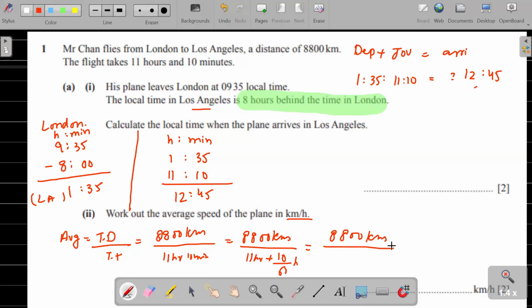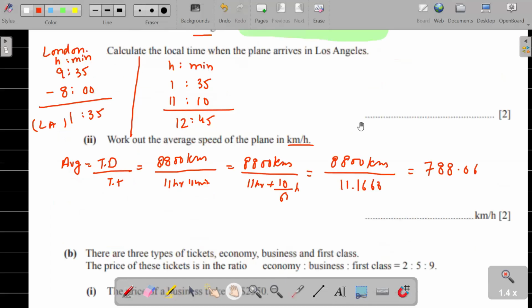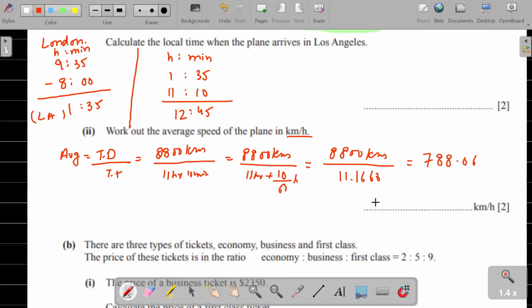It will be 11.1666. 8,800 divided by that is 788.06. So 788 kilometers per hour is our answer.